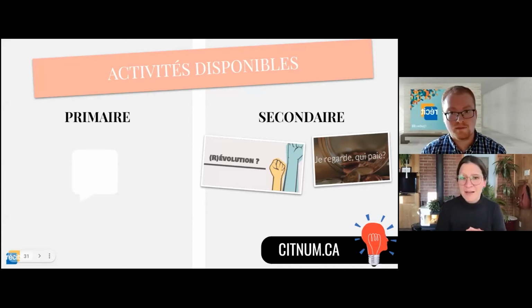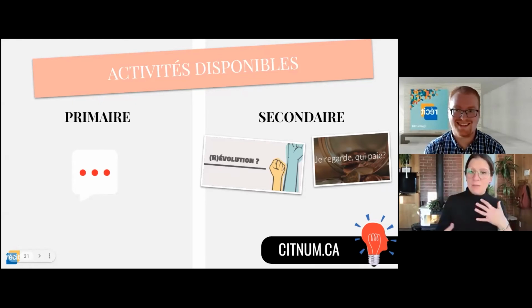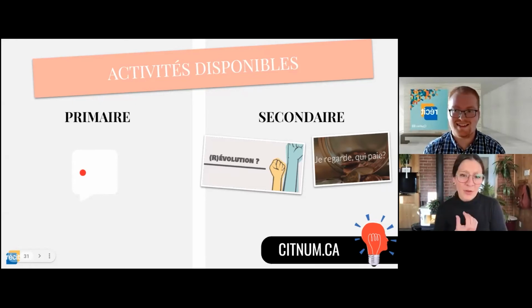It looks at photographs from the Musée des beaux-arts of Montreal in places such as Iran, and we will explore social order in various ways. It's more for the first cycle of secondary.